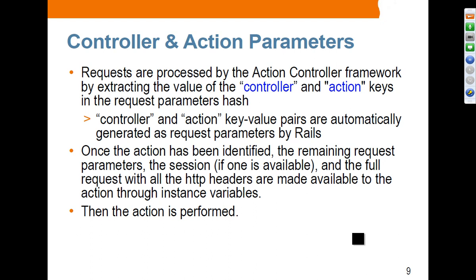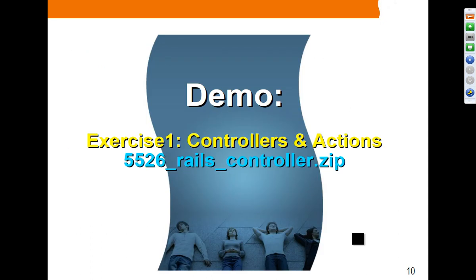Alright, so once the action is identified in a controller, then basically the remaining request parameters and the session and the full request with the HTTP headers are made available to the action through instance variables, meaning all the request information will be available to your action so that your action can perform whatever it needs to do. Okay, and then the action will be performed, of course. Alright, so let's take a look at the controllers and actions, exercise 1.